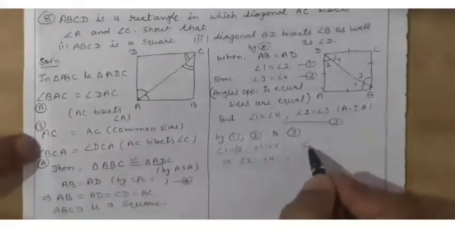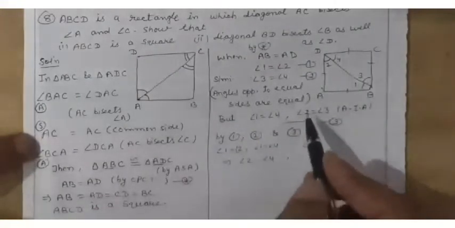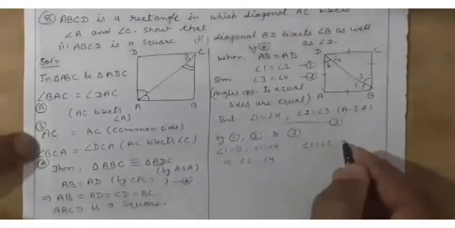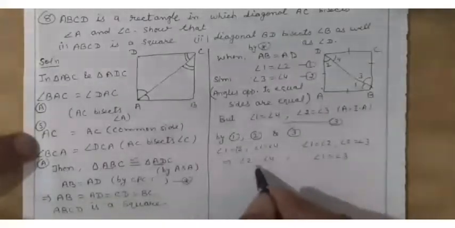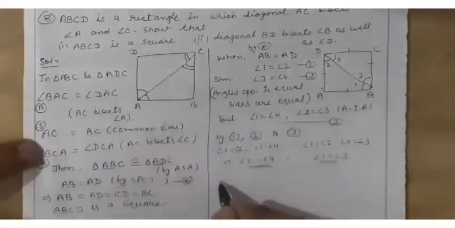And angle 1 equal to angle 2 and angle 2 equal to angle 3, then you can say angle 1 equals angle 3.